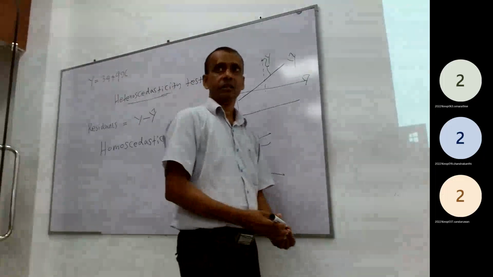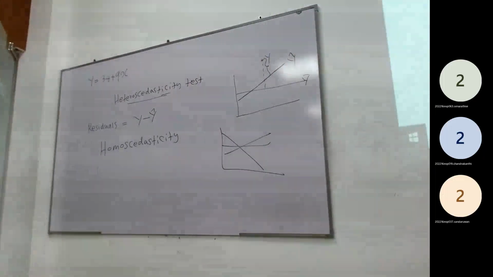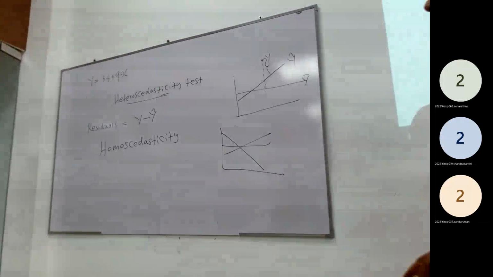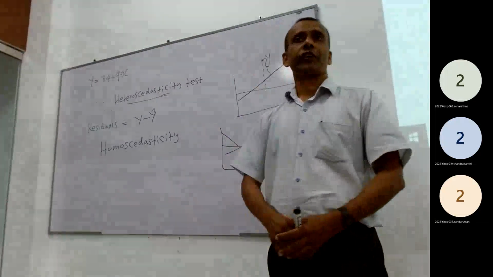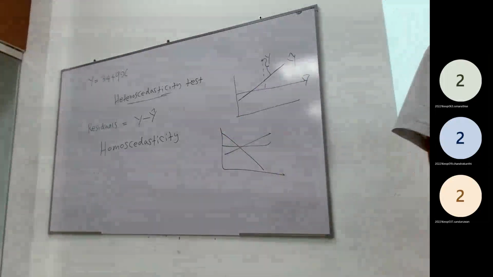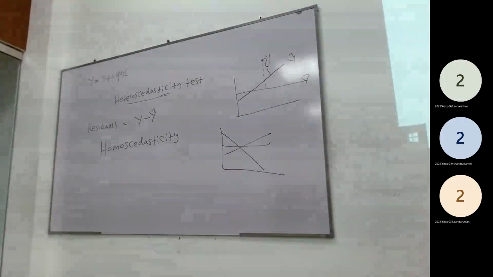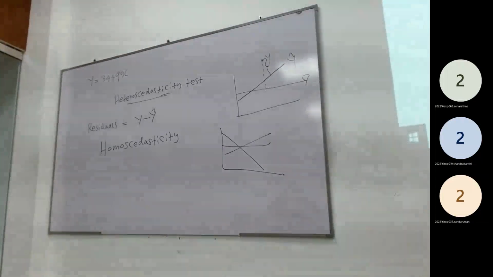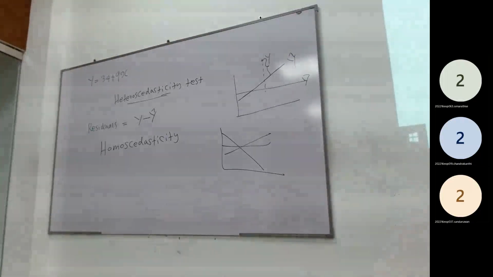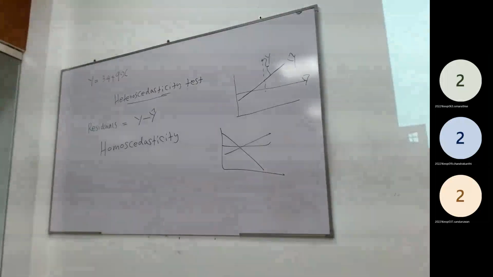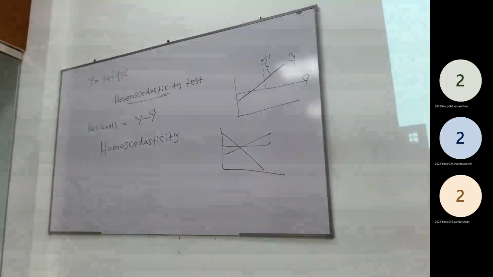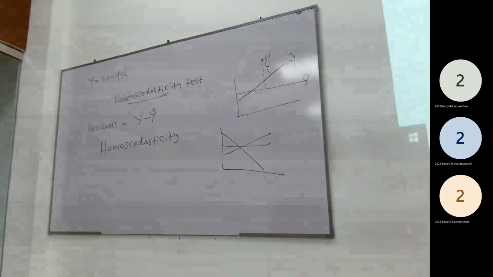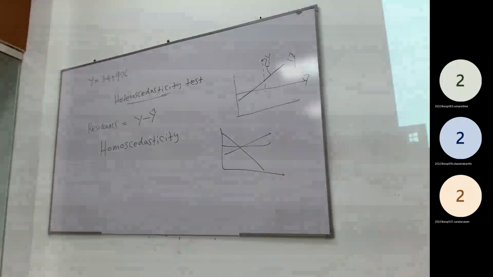If the variance of the residual is not constant, that is called heteroscedasticity.